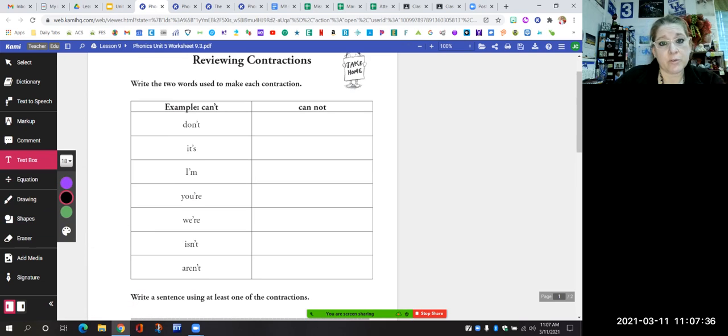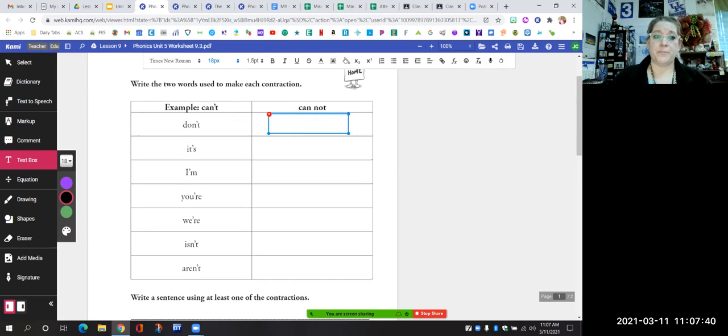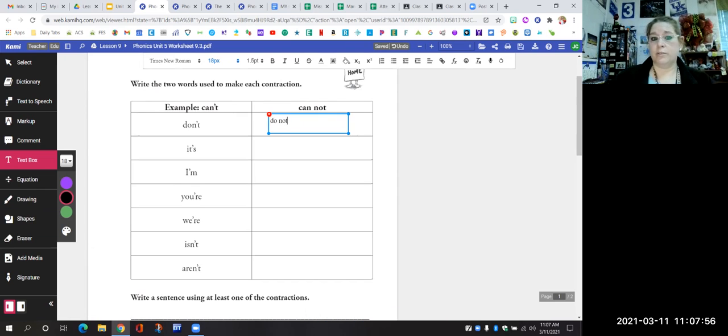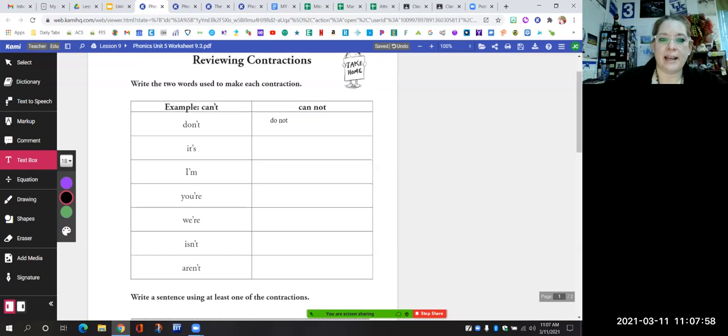What do you think the two words that make up the contraction don't are? Remember we talked about looking at the first part of the contraction, and that is the word do. Like if I say don't touch the stove, what does that mean? Do not touch the stove.